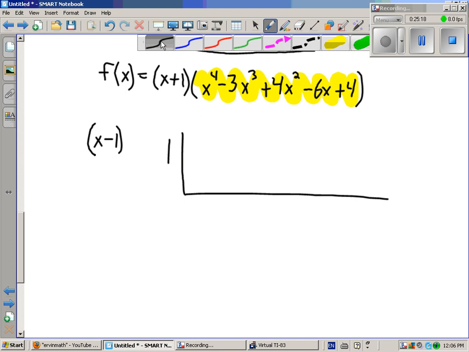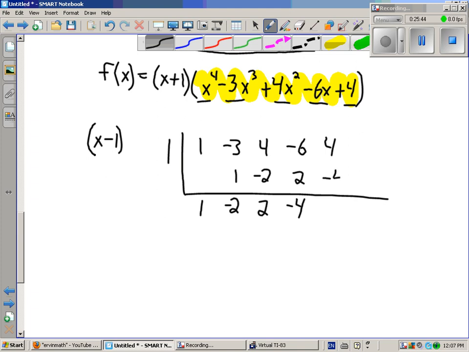My coefficients are going to be 1, -3, 4, -6, and 4. Carry down the 1. 1 times 1 is 1, and I'm going to stop voicing out my steps to save a little bit of time. We get -2, 2, -4, and 0. Again, no remainder, which is what we would expect.